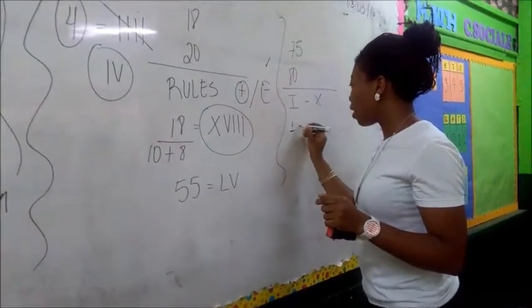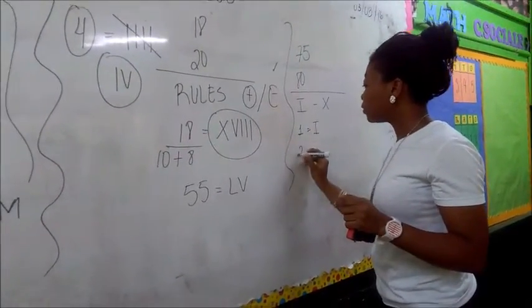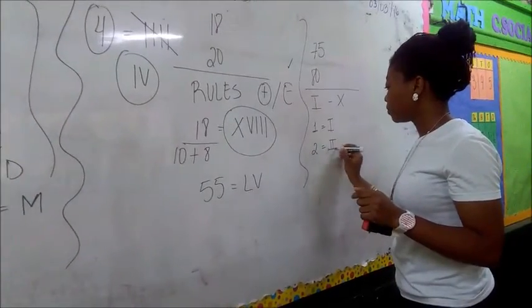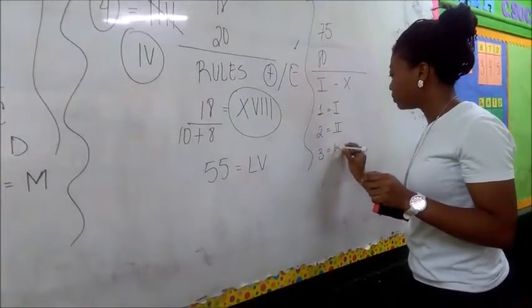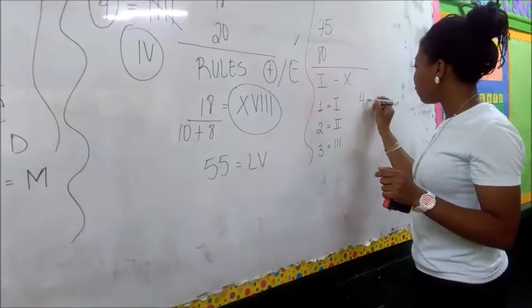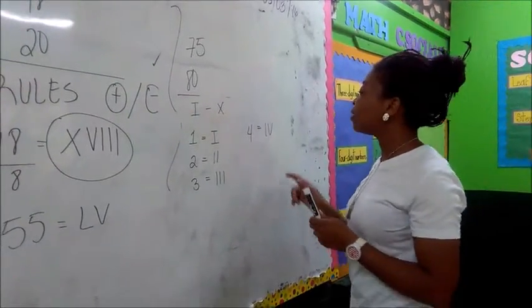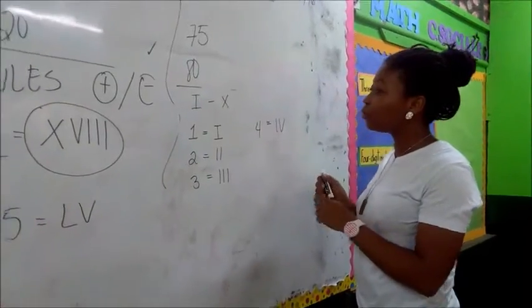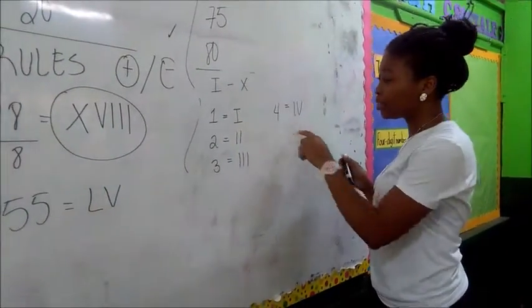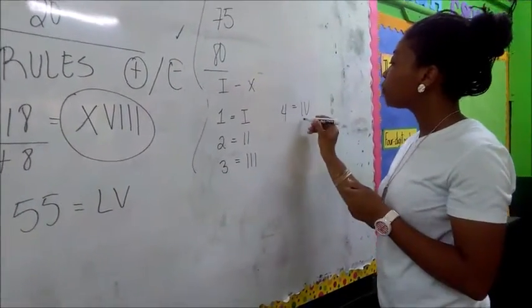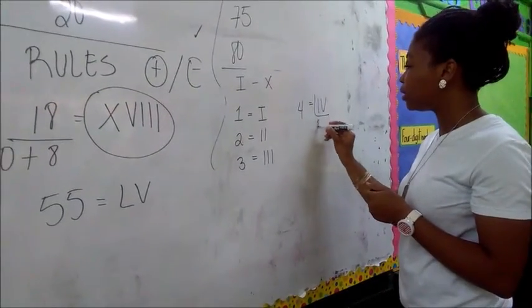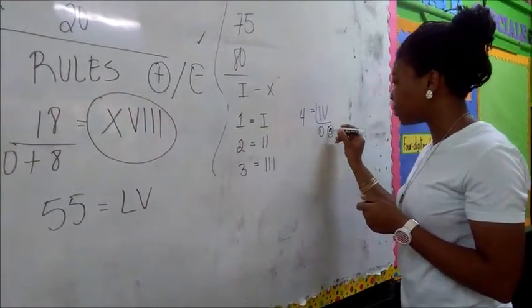In this case, 1, 2, 3, 4. When we use this kind of Roman numbers, we have to know, for example, in this case the number 4: we know that this is the number 1 and this is the number 5.